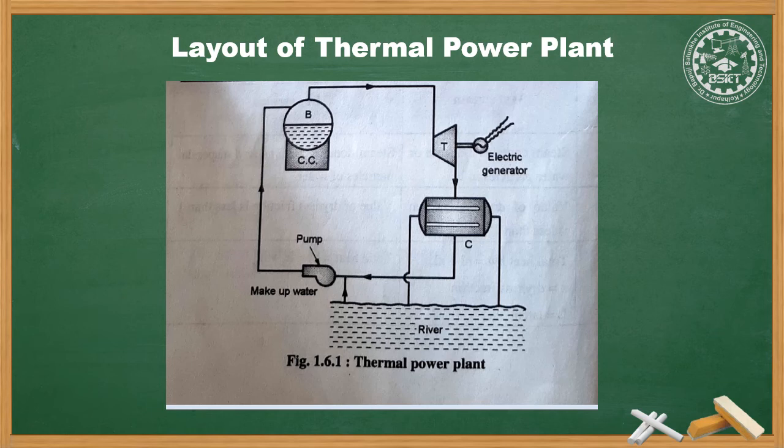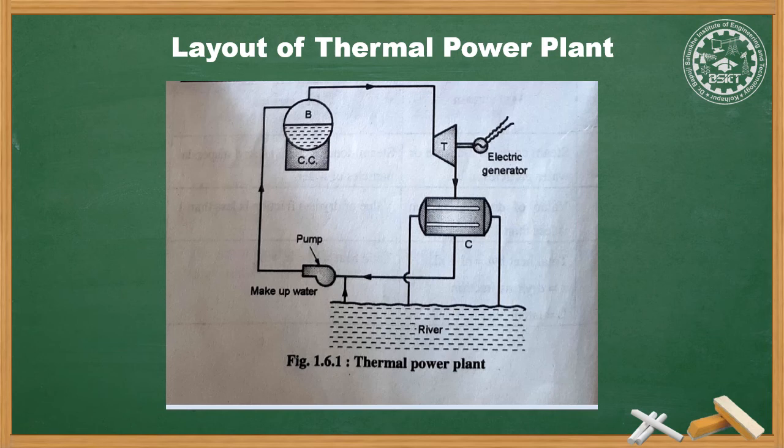The water flows from the feed pump to the boiler, and from the boiler to the next component. The third is the turbine, denoted by T. The turbine is a device where expansion of steam takes place, which generates electric power with the help of an electric generator.